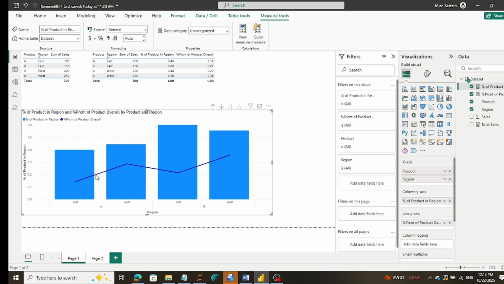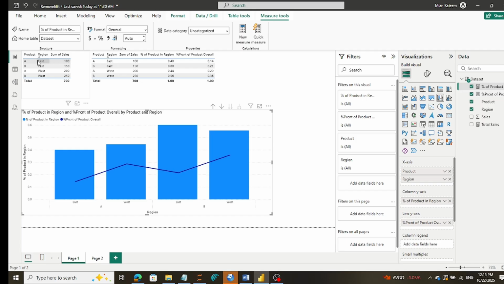In this graph, we are showing that product A has been sold in the East and West regions, and product B as well has been sold in the East and West regions.